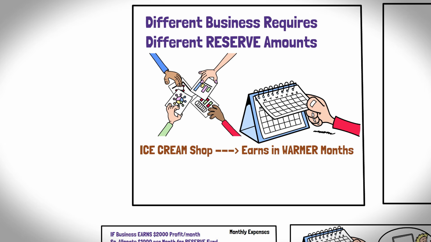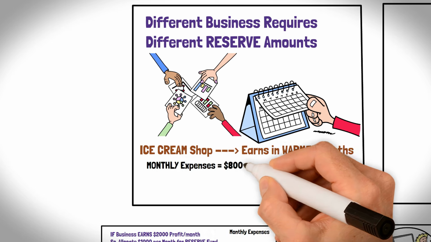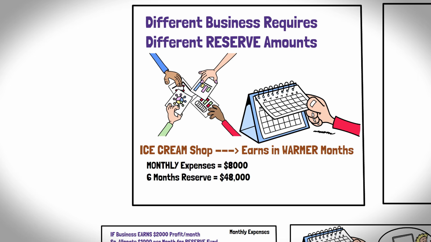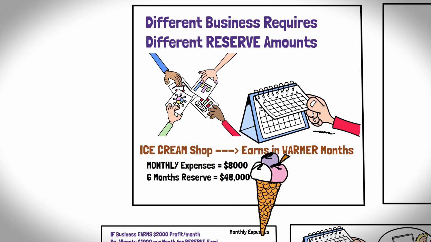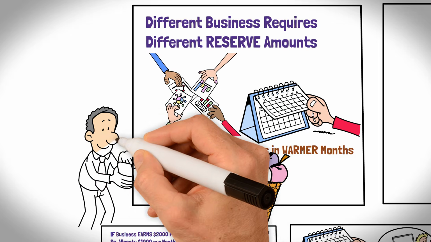If monthly operating expenses equal $8,000 and the owner wants protection for 6 months, the reserve target becomes $48,000. Throughout the busy season, part of the extra profit should be directed toward the reserve account instead of being spent immediately. Many business owners make the mistake of assuming strong months will last forever.